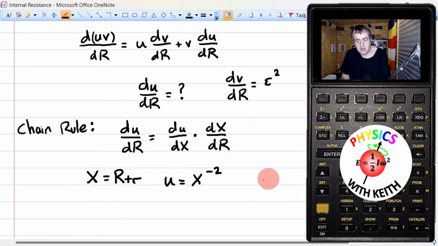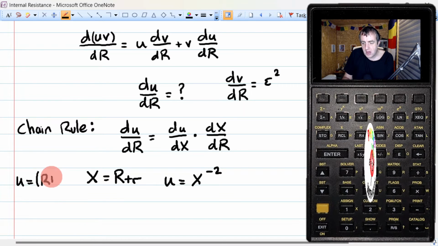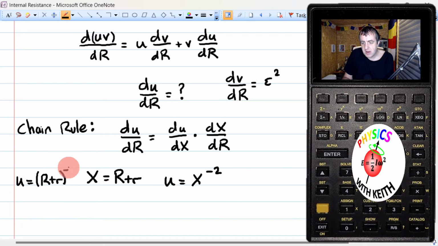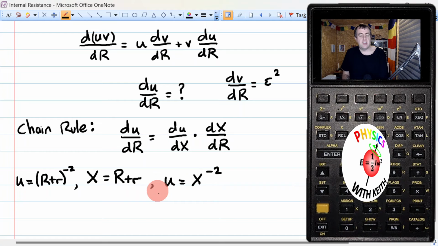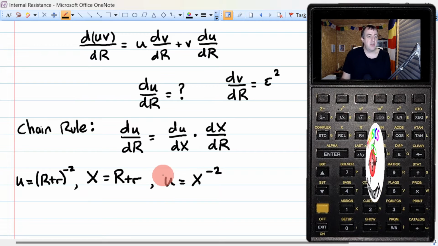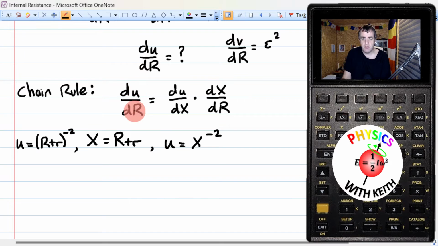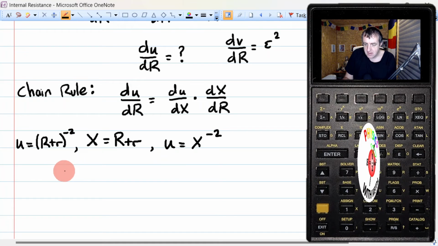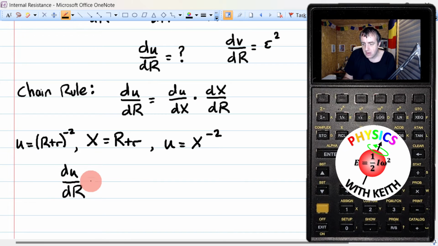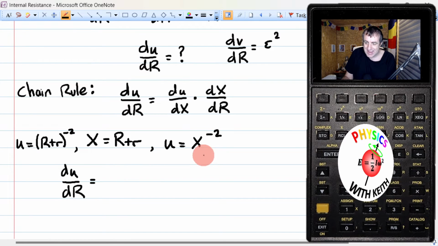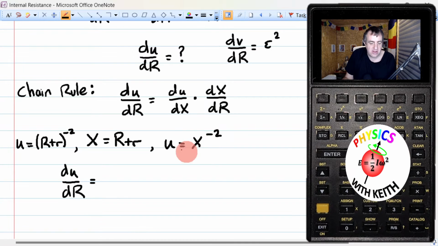That works. Okay, and we could say that because U was equal to (R plus little r) to the power of negative 2, if we say x is equal to that, and U is equal to that, then you can see how we can calculate dU/dR quite easily. So dU/dR, which we'll need for the product rule, is going to be dU/dx. Well, let's differentiate this.